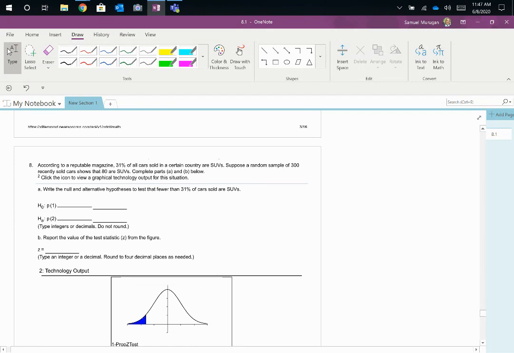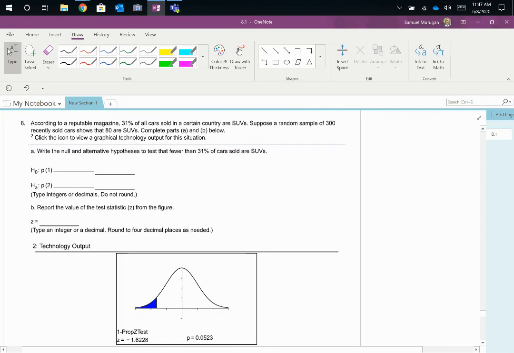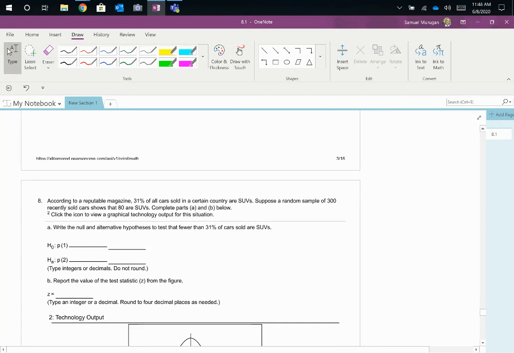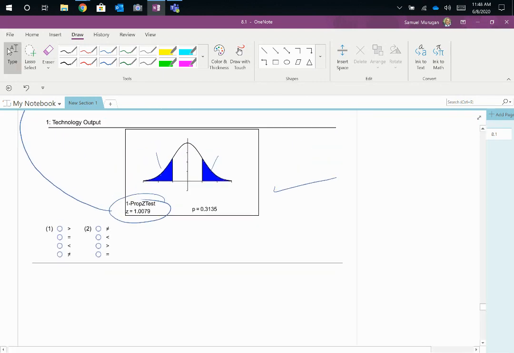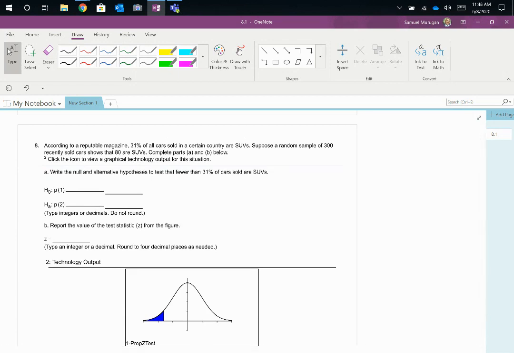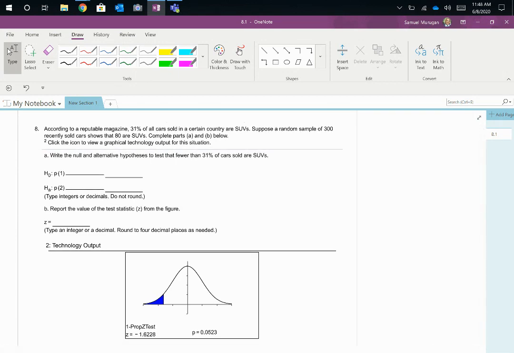Question 8. Now they gave us a printout. Okay, sorry. A left-sided, so less than. According to a reputable magazine, 31% of all cars sold in a certain country are SUVs.